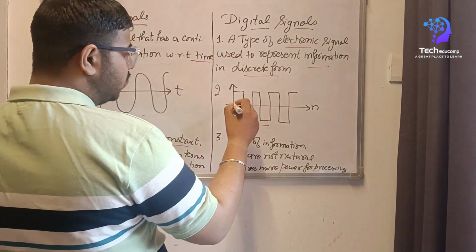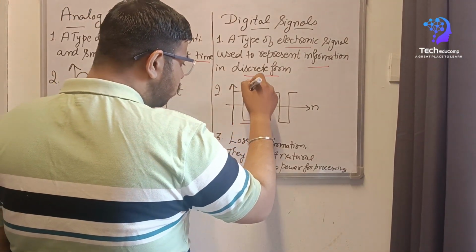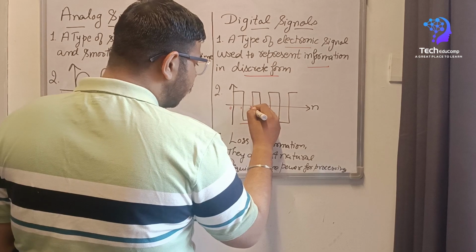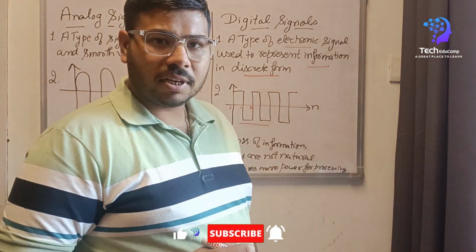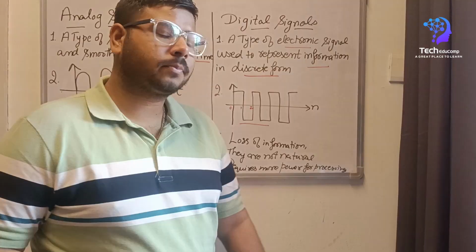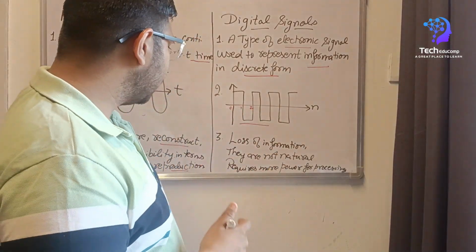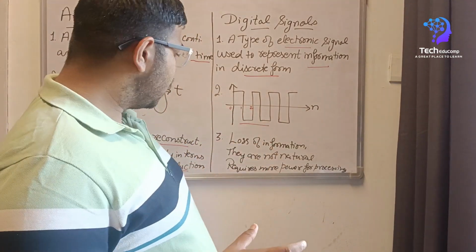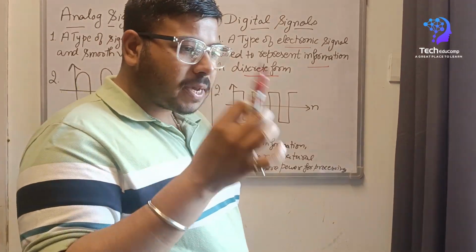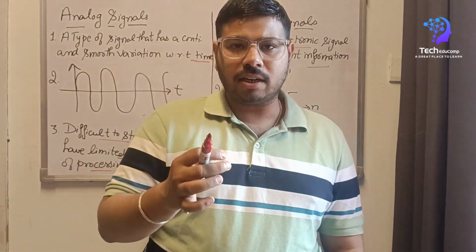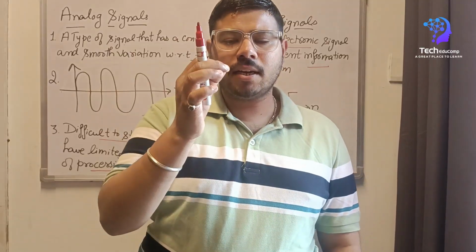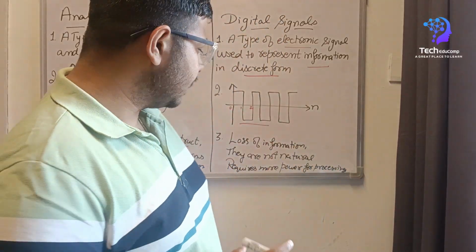It will be either 0 or 1, and only at specific points you will have the information, between them it's nothing. So in digital signals we have information only at specific intervals of time. It's only represented in discrete form.